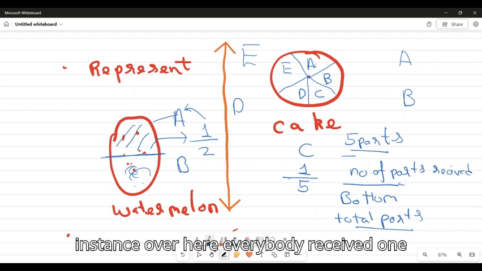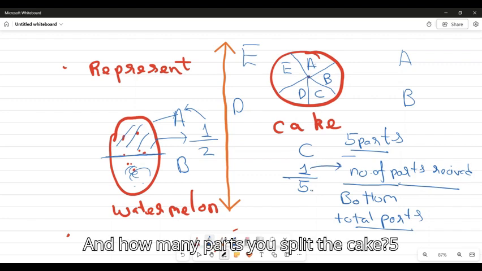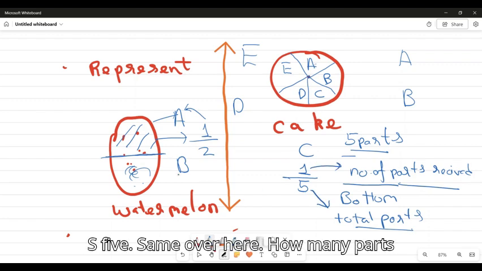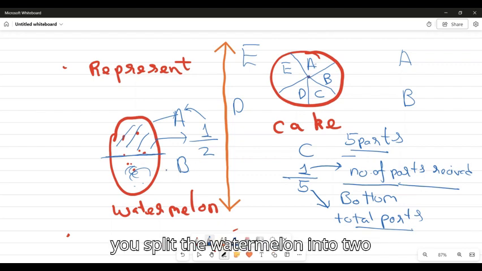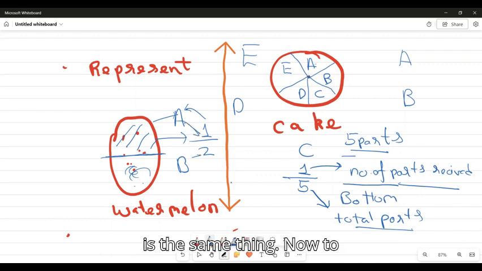Say for instance, over here everybody received one part, so it will be 1. And how many parts did you split the cake into? 5. Same over here, how many parts did you split the watermelon into? 2. And how many parts did A get? 1. So this is the same thing.